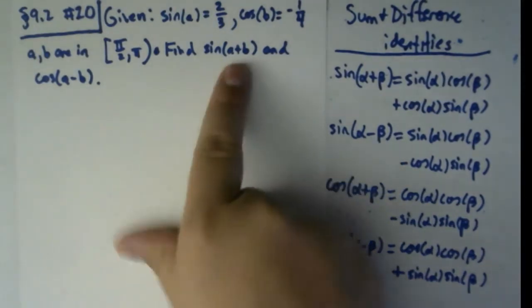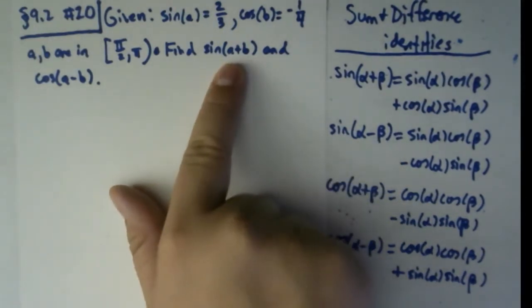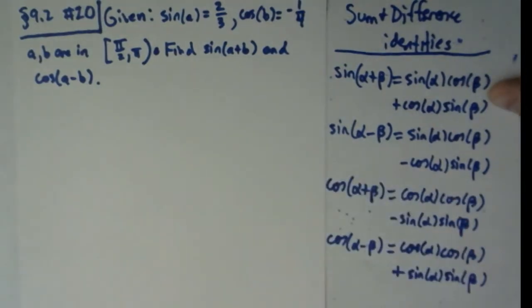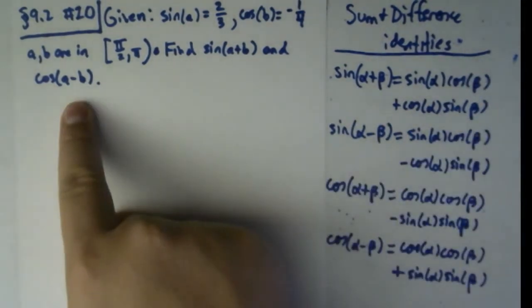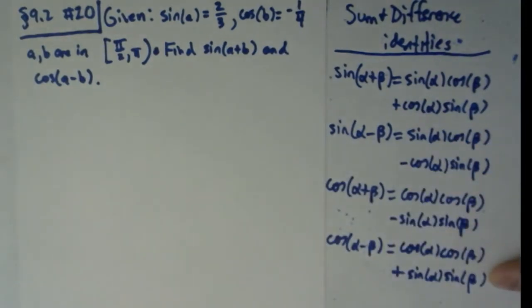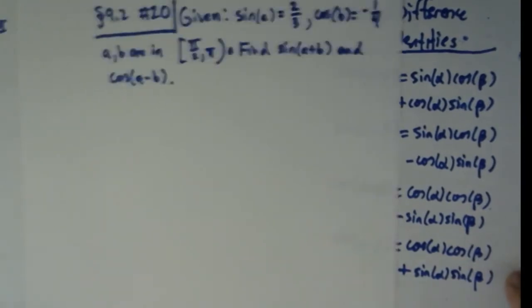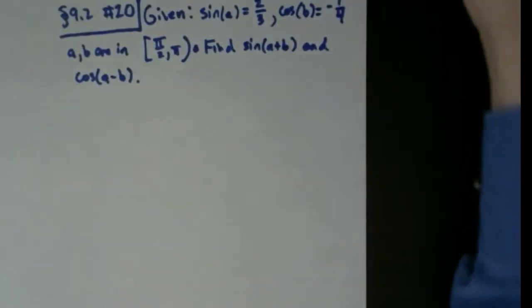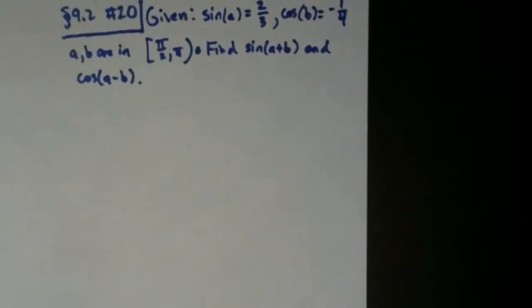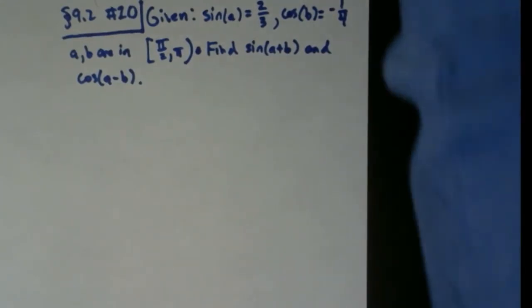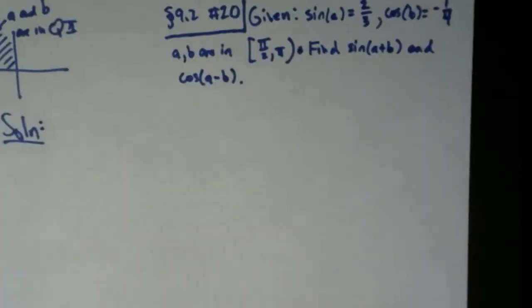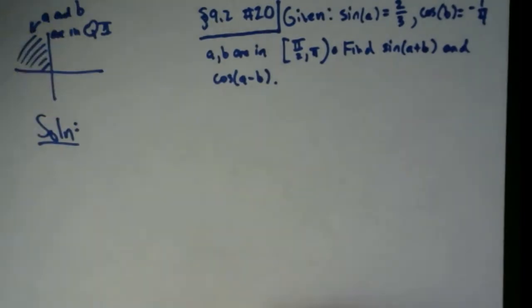Let me just point them out to you now and then cover them up. Sine of A plus B, we'll use this formula with alpha equal A and beta equal B. And for cosine of A minus B, we'll use this formula with alpha equal A and beta equal B. I'm going to put them on my desk so that I can see them.